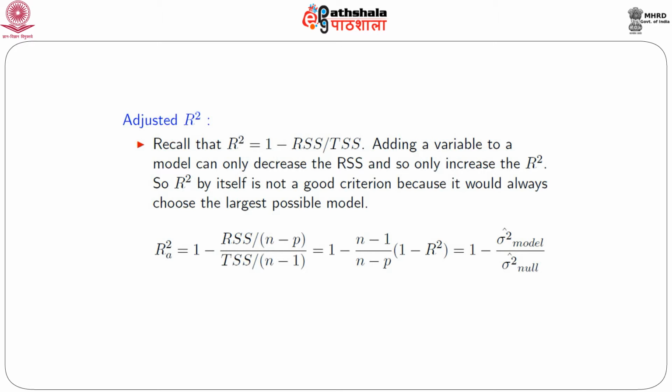This can be written in terms of R squared as 1 minus (n minus 1) divided by (n minus p) times (1 minus R squared), which equals 1 minus sigma hat squared of the model divided by sigma hat squared under the null.